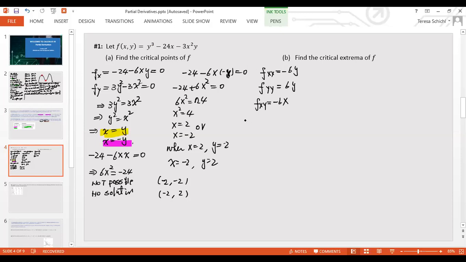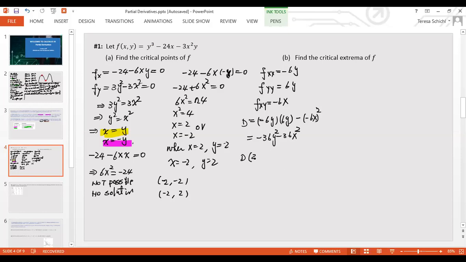Then let's take a look at D, how we decide using the second derivative test: fxx times fyy, so negative 6y times 6y, minus negative 6x squared. So this will be negative 36y squared minus 36x squared.